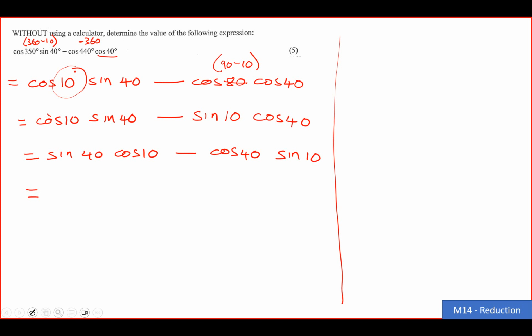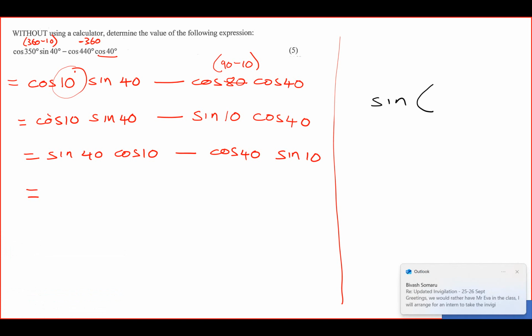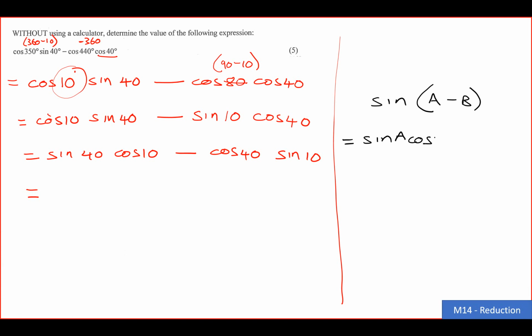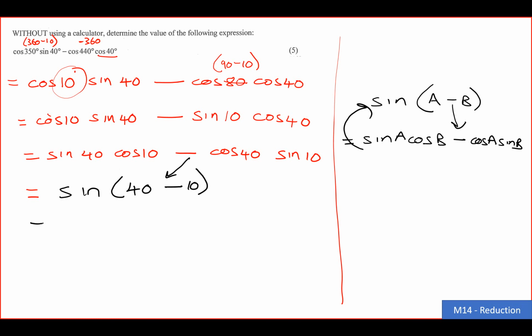I'm going to quickly write down the sine formula to jog your memory: the sine of a minus b is equal to sine a cos b, and minus will remain as minus, cos a sine b. And if we go backwards, it's sine of 40 minus 10, and that gives me sine of 30 degrees. And sine 30 is a special angle which gives me half.